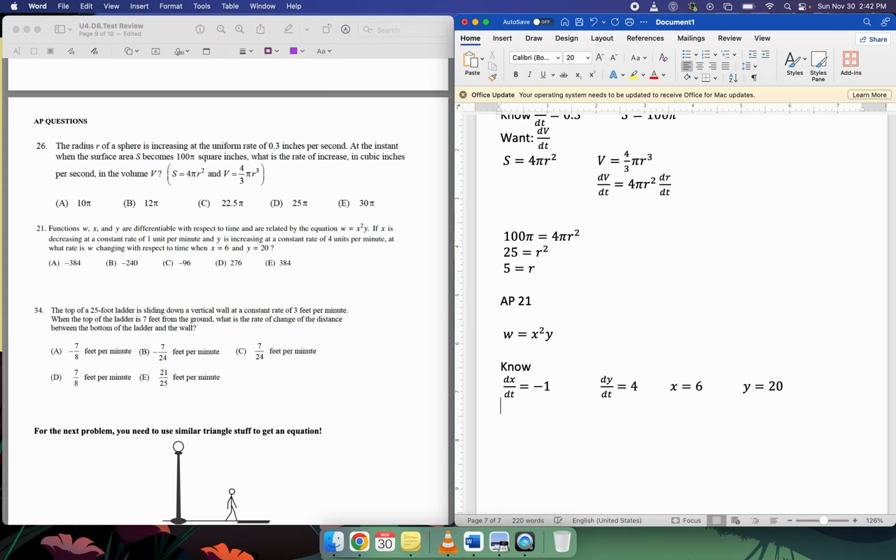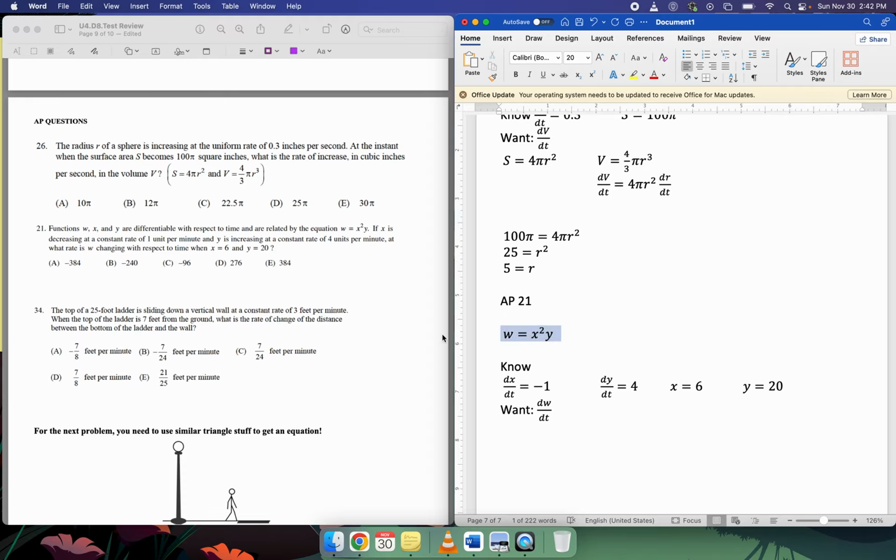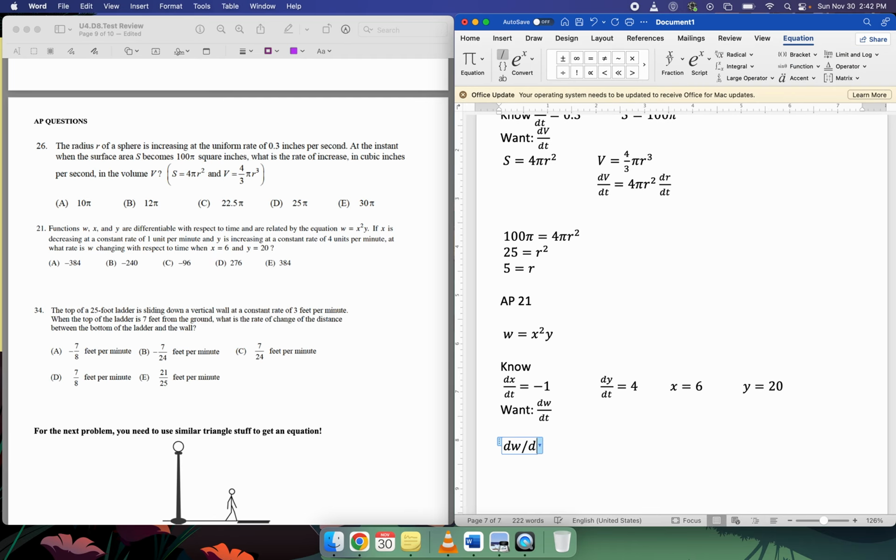Okay, so I want the rate at which w is changing. That's dw/dt. I can take the derivative of both sides of this equation. Be careful, you have to use the product rule here. So I think we get dw/dt equals 2x dx/dt y plus x squared dy/dt.